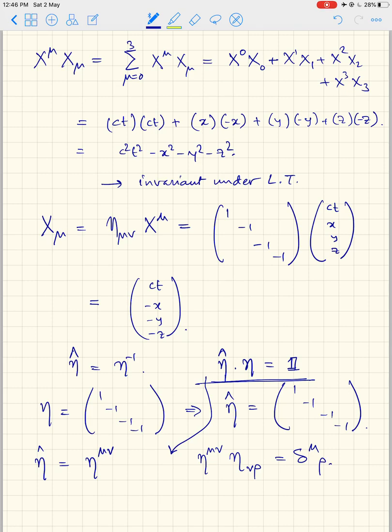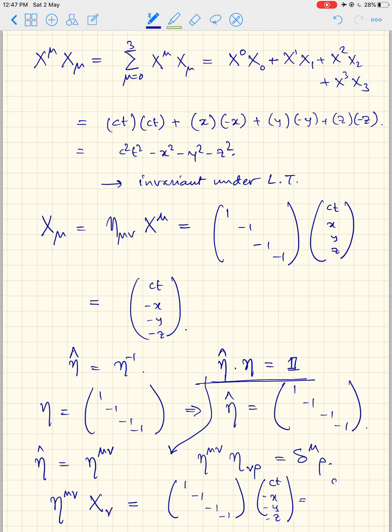Now this eta upstairs mu nu, if you again just write it in a form: something which is eta upstairs mu nu and x nu downstairs. So what is this? This is again 1, minus 1, minus 1, minus 1 into CT and x, y, z, all with minus signs now.